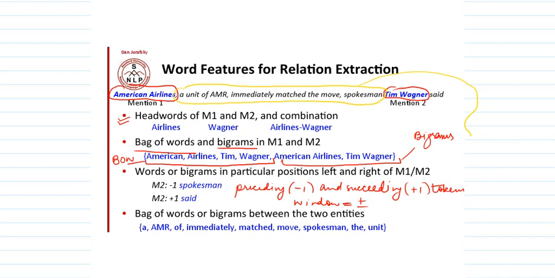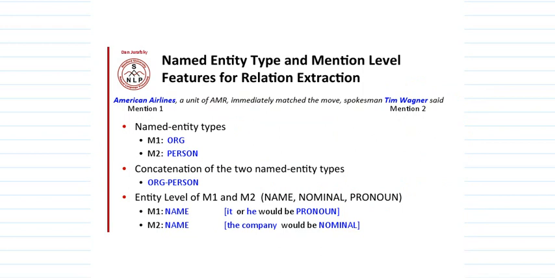Then we generate the bag of words or bigrams or both. So we see that we can have different kinds of features, and intuitively, depending upon the domain and the problem, we can think of different kinds of features.